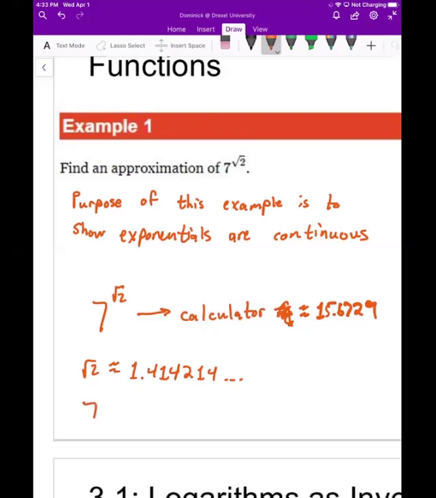If I raise 7 to this approximated answer for the square root of 2, I should get something pretty close to what I got in the calculator.